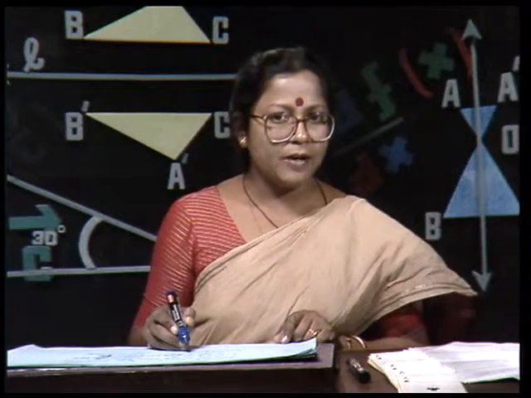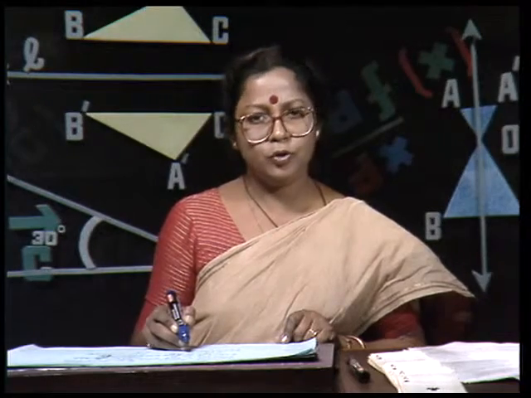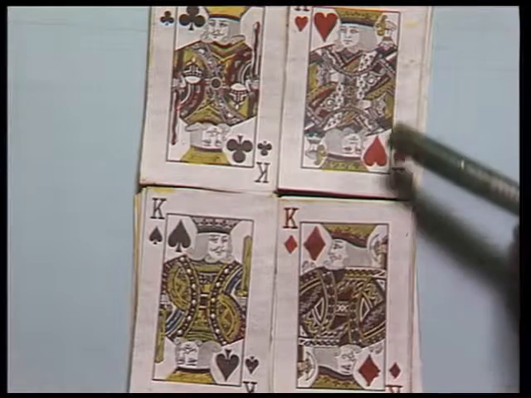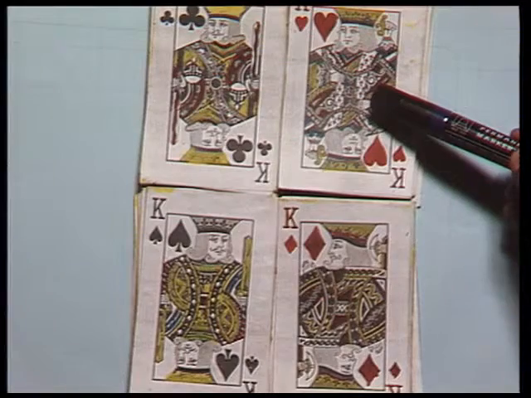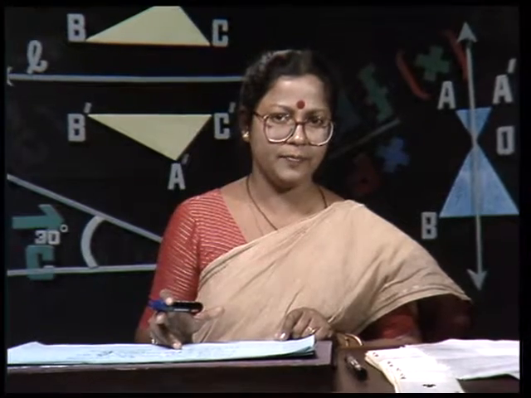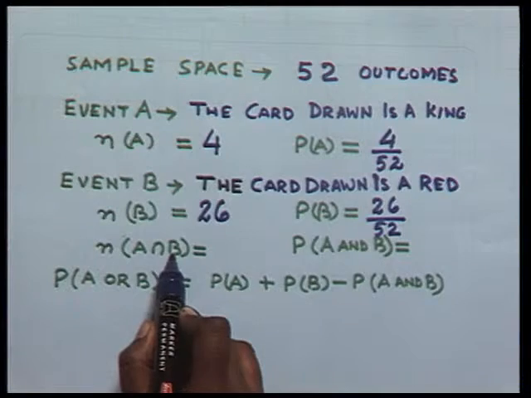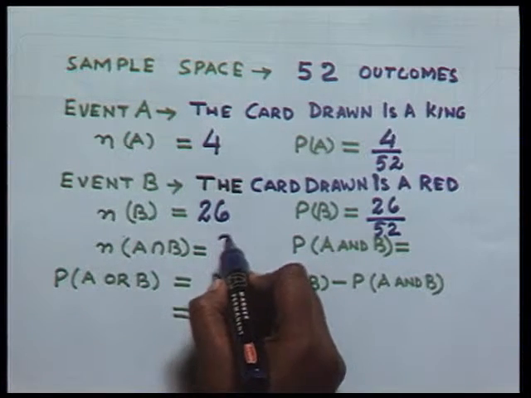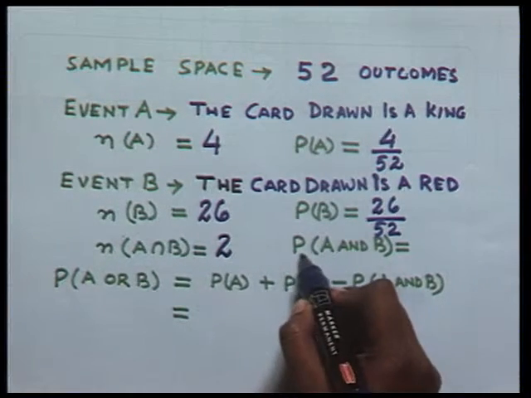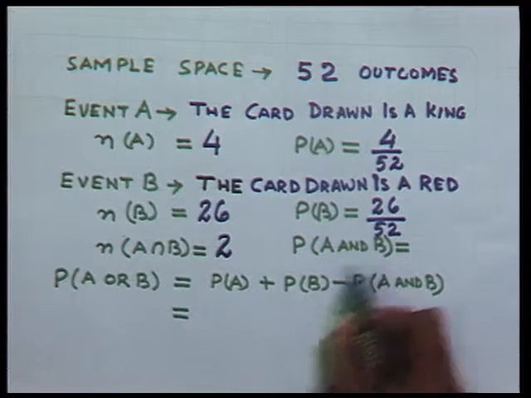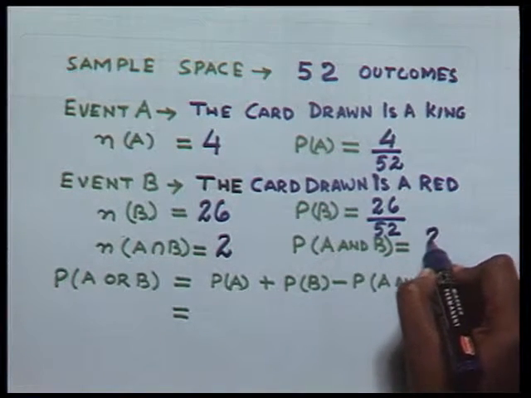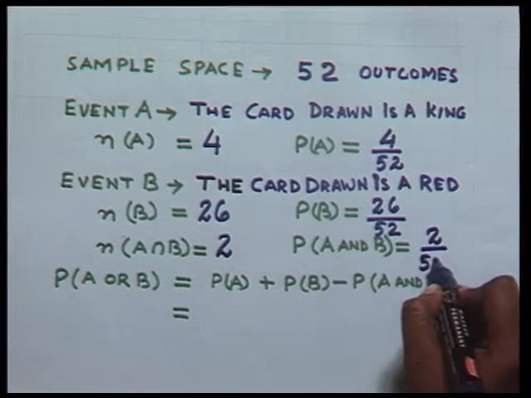Now, in a pack of cards we have 2 cards which are red and king. They are king as well as red. So, 2 events are occurring together. So, the set A intersection B will have 2 elements and therefore, probability of the event A and B will be equal to 2 upon 52.